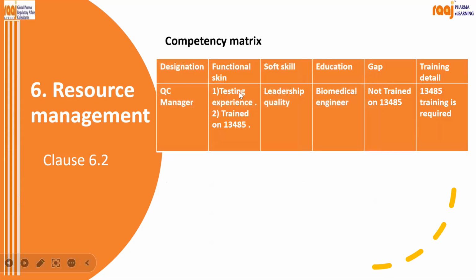This is the competency matrix. Like, suppose a QC manager is hired, functional training is required, testing experience, trained on ISO. First of all, for a QC or QA manager, see to it who is your MR and who is your internal auditor.